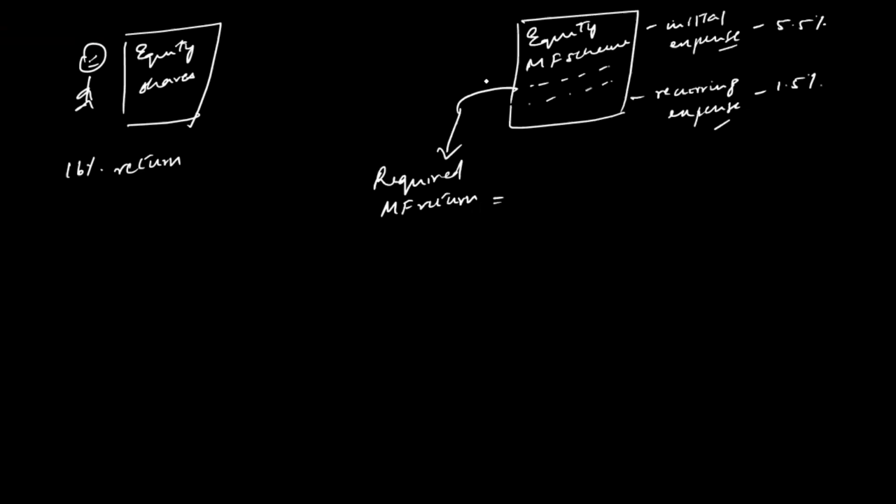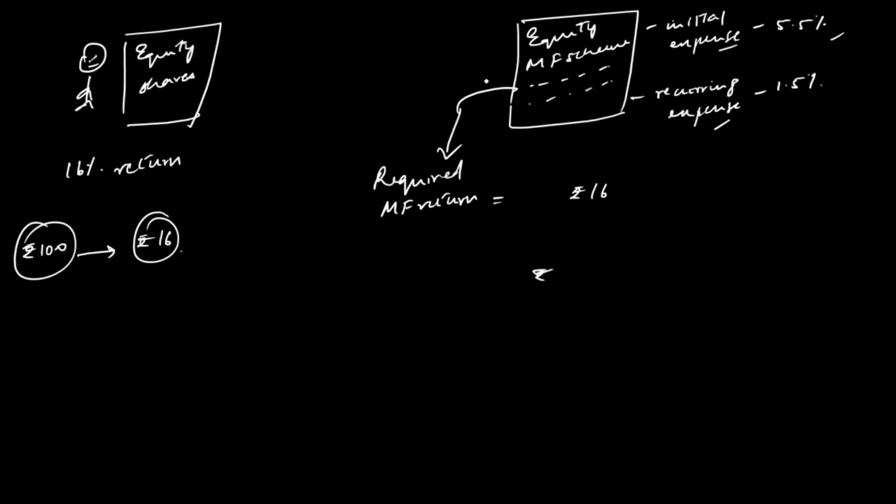Now, what is happening? He is already investing in equity shares, right? Suppose he invests rupees 100 in equity shares. He is generating 16%. That means he generates 16 rupees. So the target is to generate 16 rupees. And suppose he is investing in this equity oriented mutual fund scheme, then there is something called initial expense of 5.5%. That means whenever you invest some amount, 5.5% of it is charged towards initial expense.